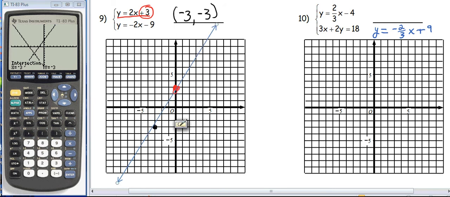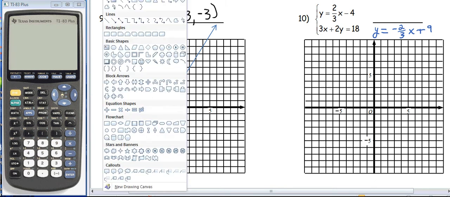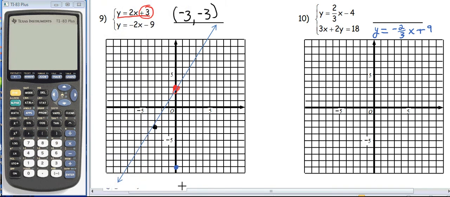And then my other one will cross at -9. So I can go back, and this blue line, it crosses at -9: -5, -6, -7, -8, -9. And I can now do my other line. Get my line tool out so that it crosses right there.